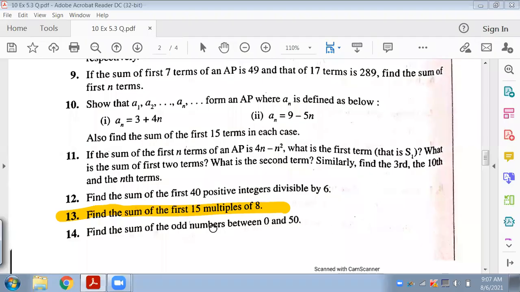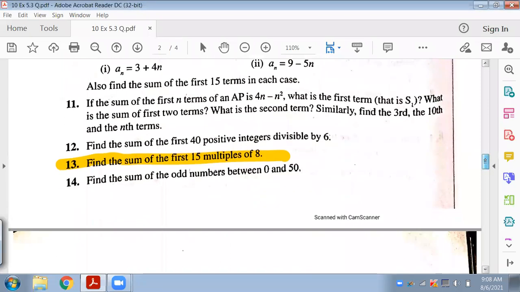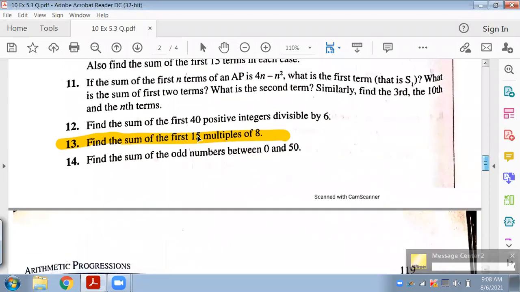So let's start. Question number 13. What you have to do is find the sum of the first 15 multiples of 8. So we're going to find the sum of the first 15 multiples of 8.